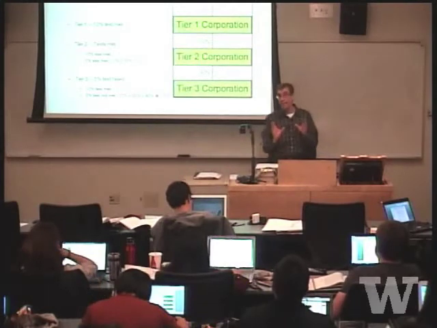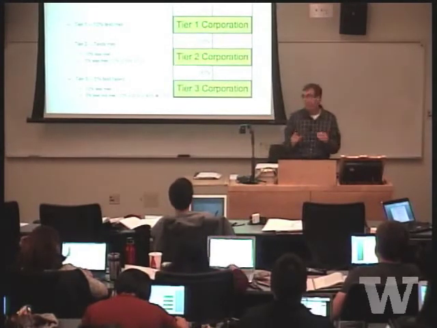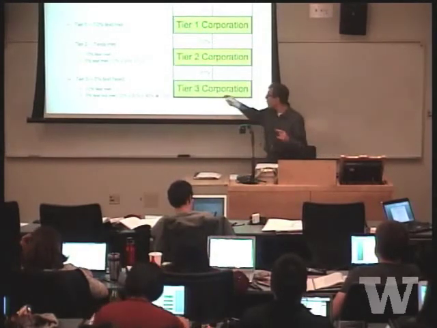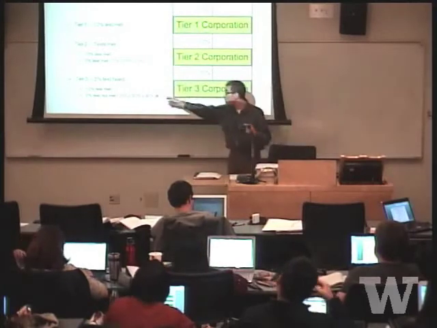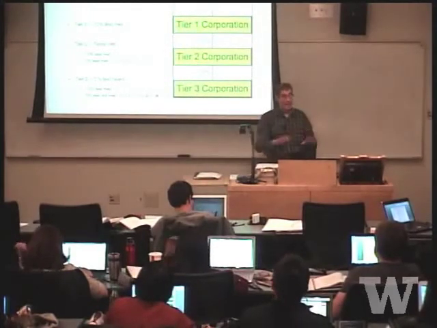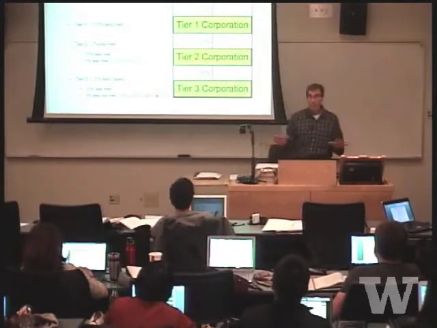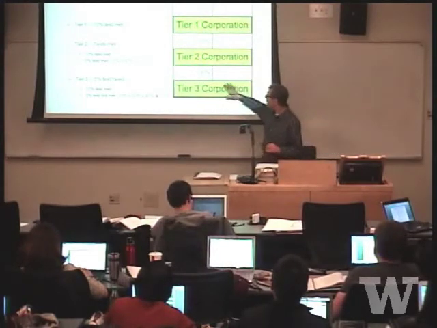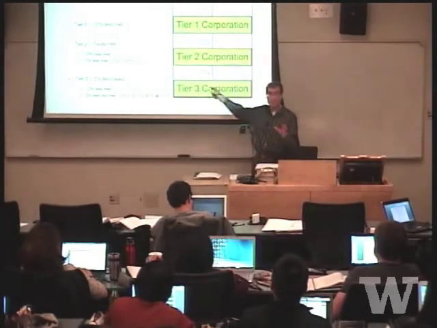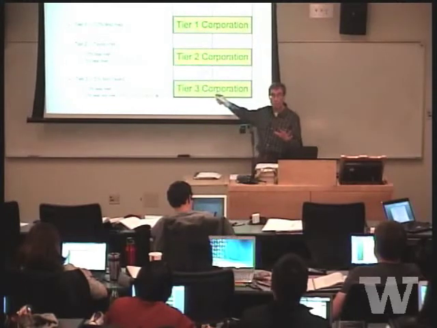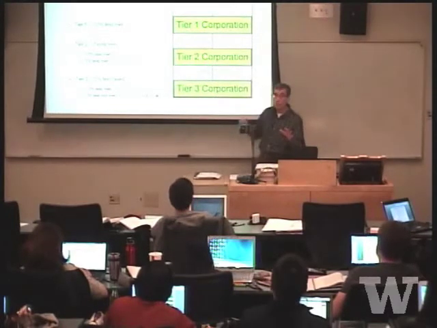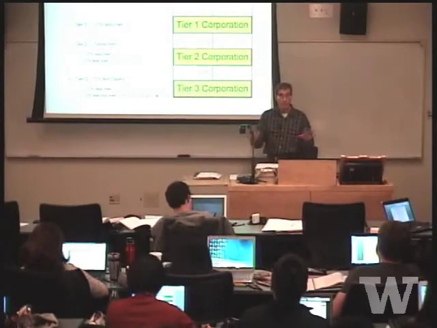That's what we're trying to get at. And because the Tier 3 corporation in this specific situation fails, then that means that any income taxes it pays will never give benefit to the domestic shareholder. Never.